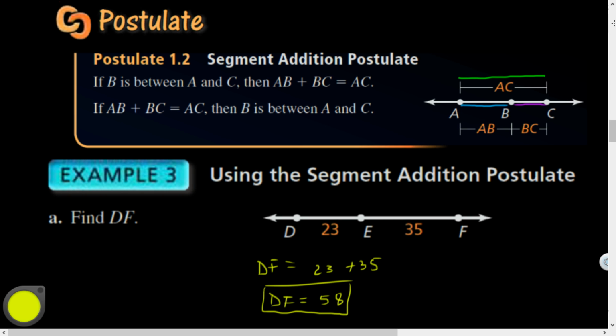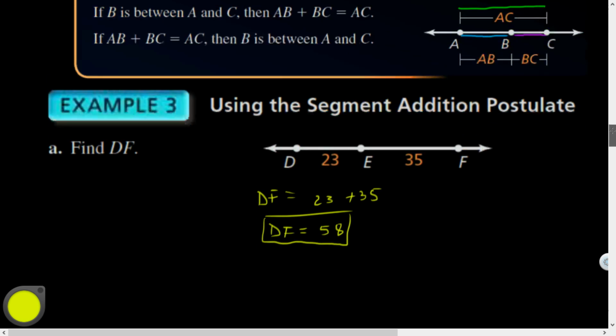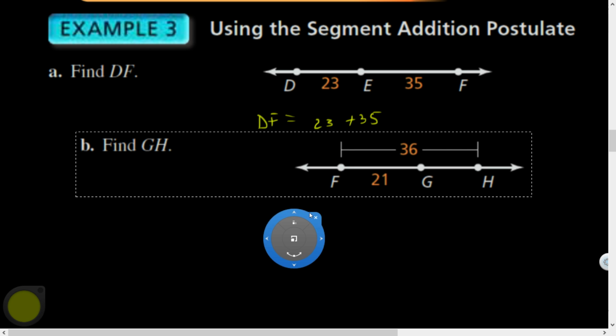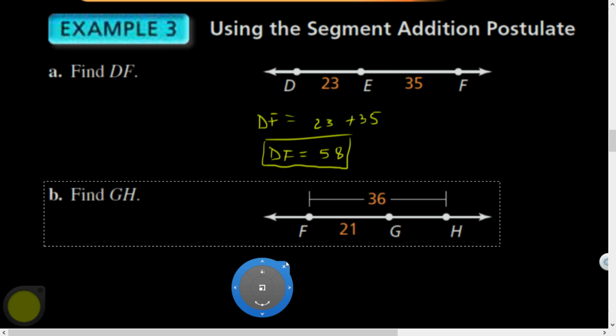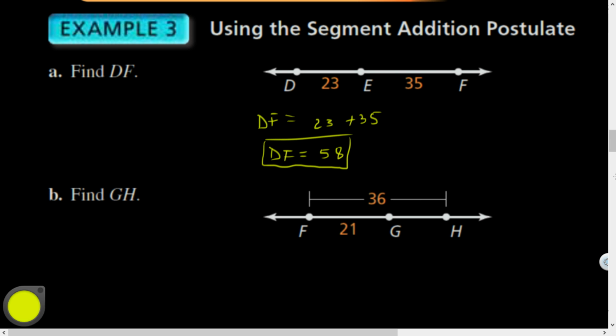And slightly more interesting, using a little bit of algebra. So FH would have equaled FG plus GH. Do you agree? The big length is equal to the sum of the two smaller lengths.